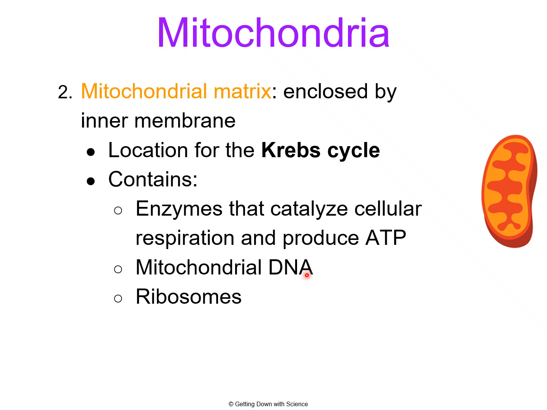Mitochondria has its own DNA, similar to prokaryotes, and the DNA is not in the form of linear chromosomes, but instead it's circular chromosomes. Mitochondria has its own ribosomes, which means that it synthesizes its own protein. It does not depend on the cell's ribosomes to synthesize proteins for it. And those two things are found inside the mitochondrial matrix.